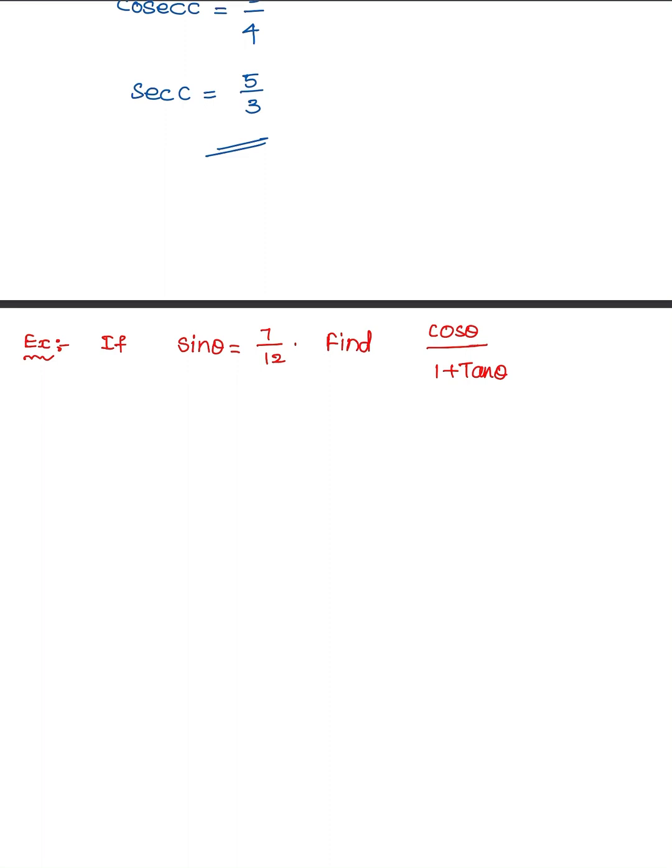For that, what we do is take any one right angle triangle, where theta is the angle of measurement. We know sine theta is equal to 7 by 12, 7 units by 12 units.